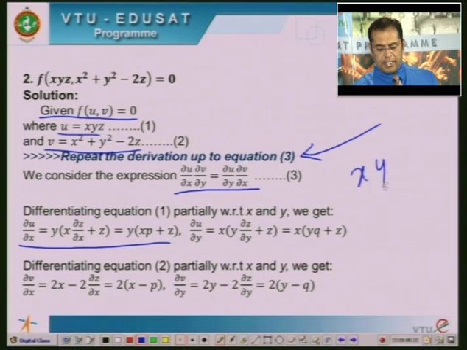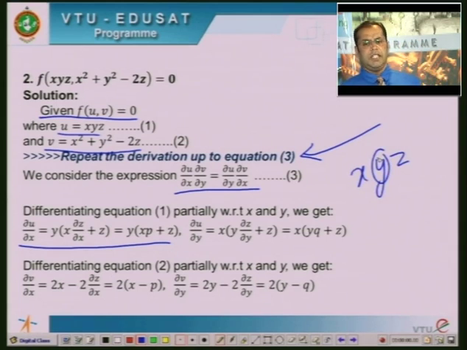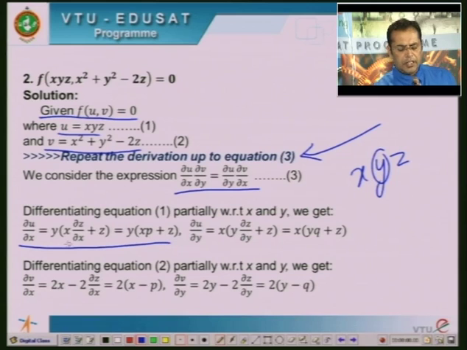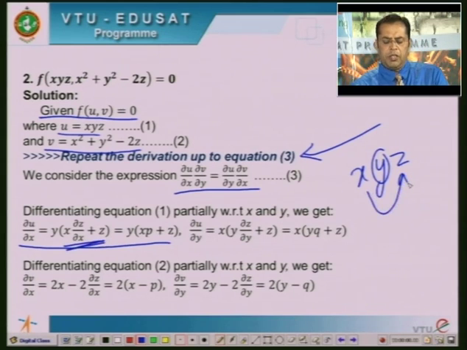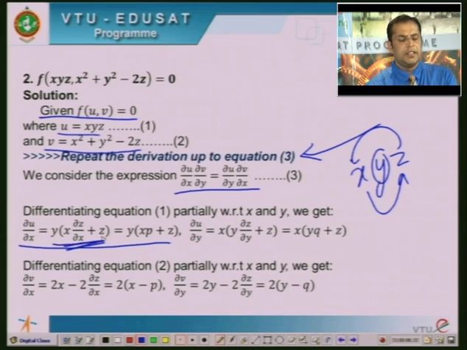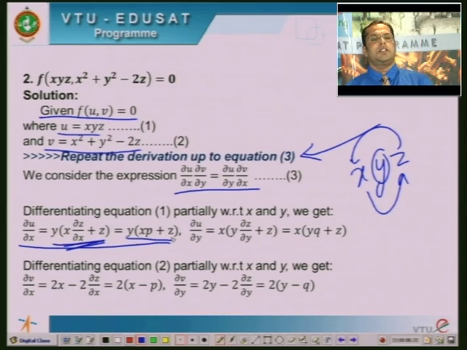In the LHS, as was illustrated in one of our previous examples, with respect to x, y is a constant that will stay outside. Apply product rule for x into z, which will give you x into dou z by dou x plus z into 1, which is this.